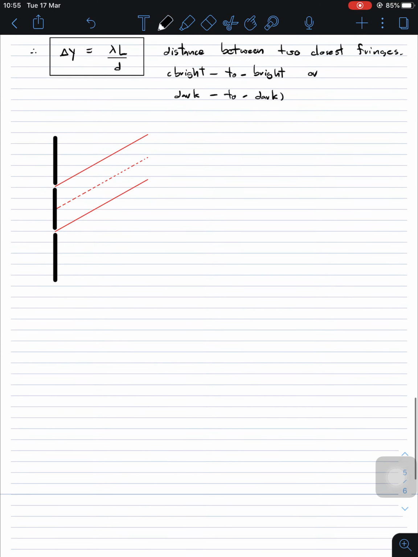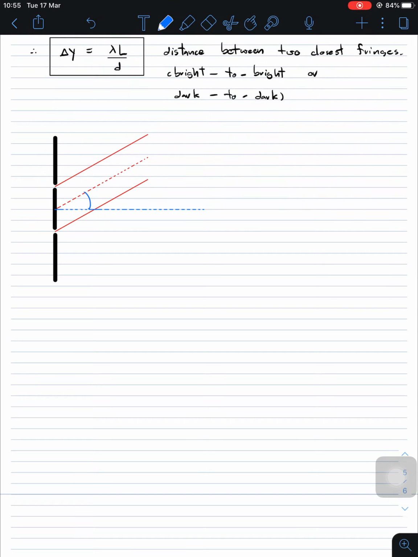And we have this line, and it's going to make angle theta m as well.